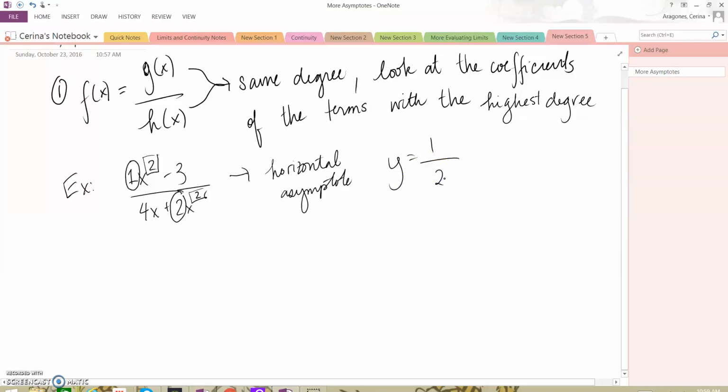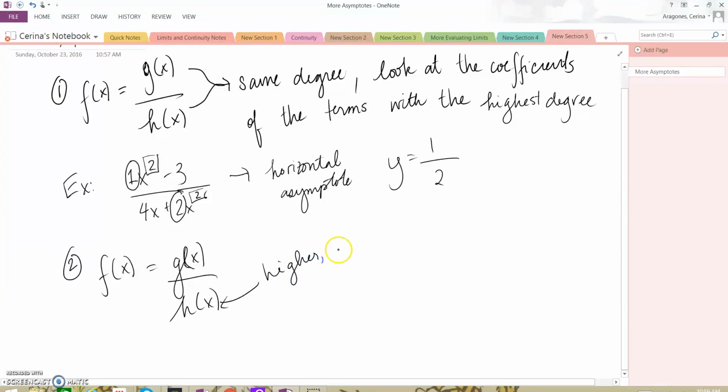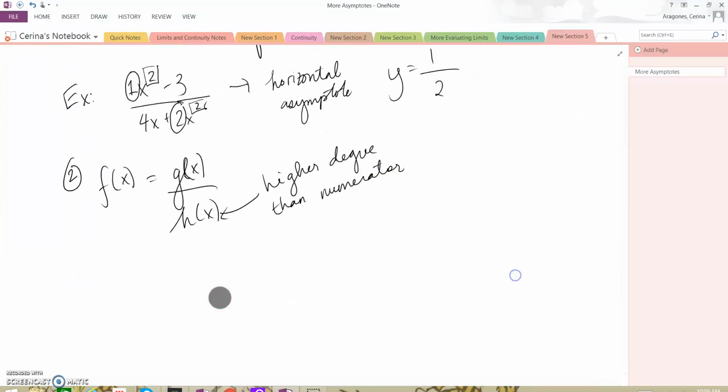Okay. Next, the second case we covered was when the denominator has higher degree than the numerator. We went over why as well, but essentially, if this is true, then your horizontal asymptote is always equal to 0.